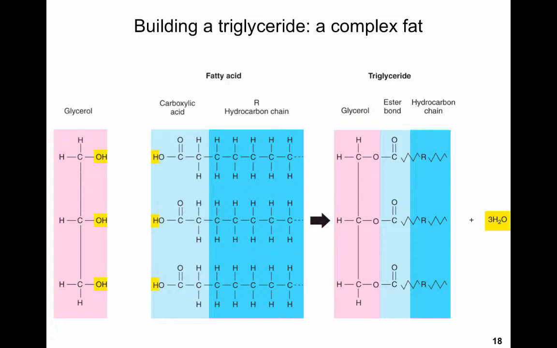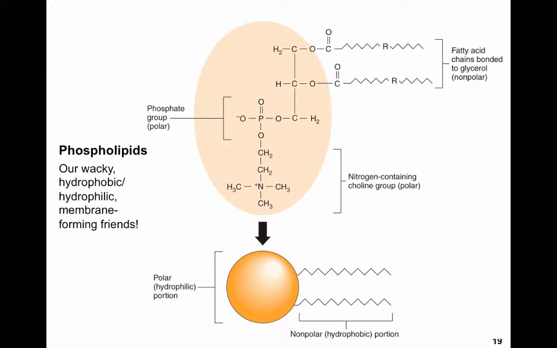And this is one of those dehydration synthesis reactions, only it's a triple dehydration synthesis to bond these three fatty acid chains to the single glycerol. There are the water molecules that come off from it. That's how we build our fats. A couple of other important fats to talk about before we move to the next category of organic molecules.